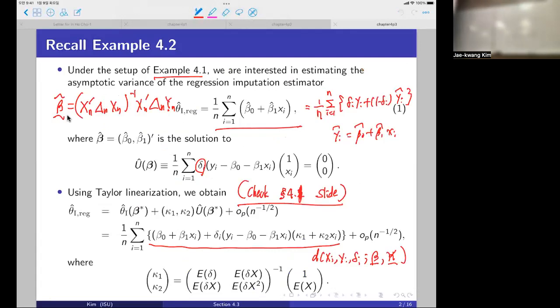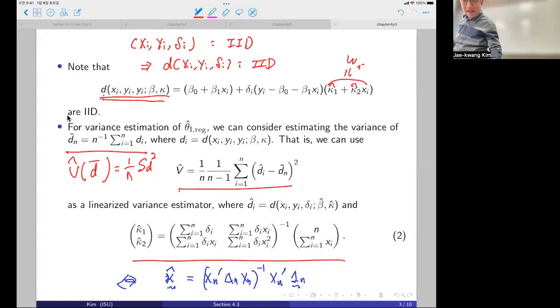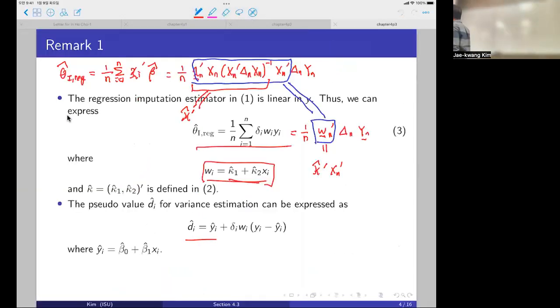You have to do all the hard work, very labor-intensive algebra. But at the end of the day, your formula is very simple. All you have to do is figure out what is the weight applied to yi in the final estimator, and then use that weight applied to your residual. So that is the one formula.